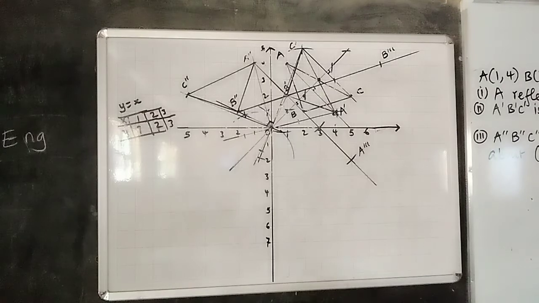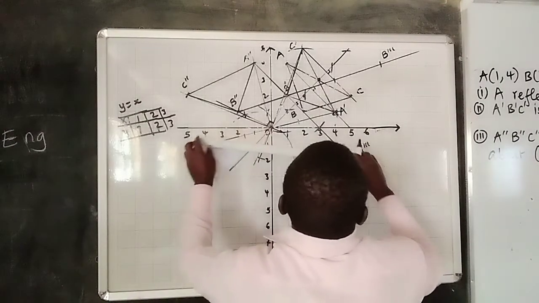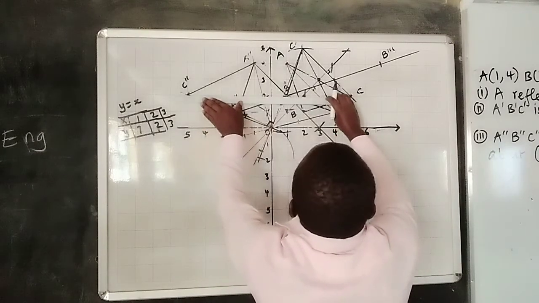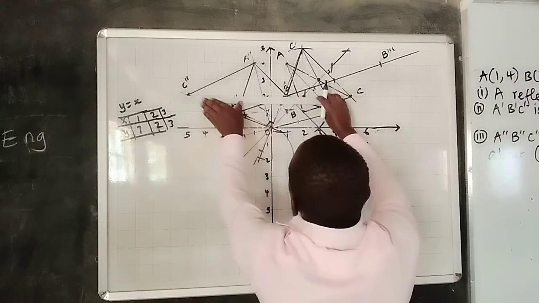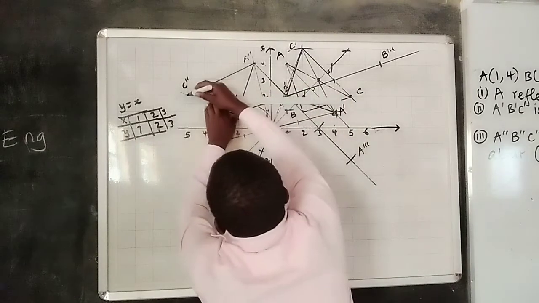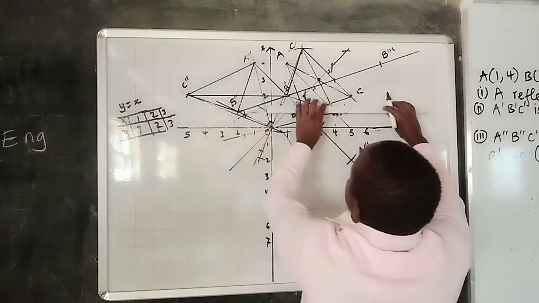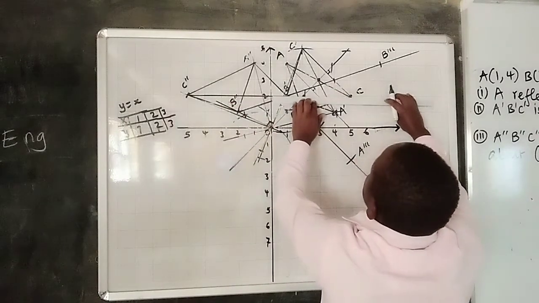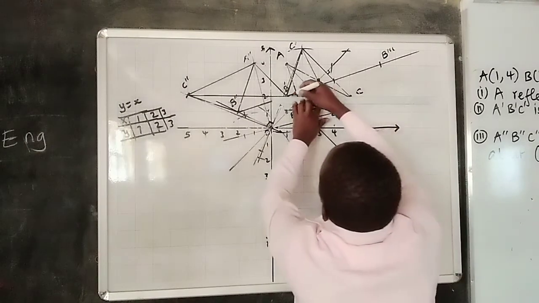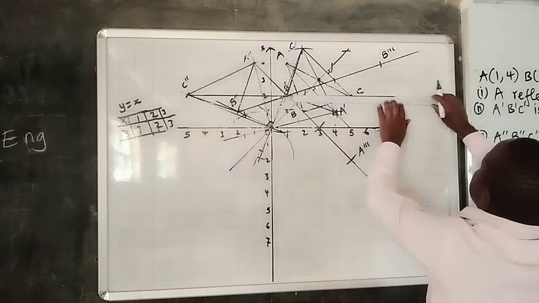Lastly, we enlarge C. Enlarging C, we connect C to the center of enlargement. Then you just prolong on the other side, just prolong this line.